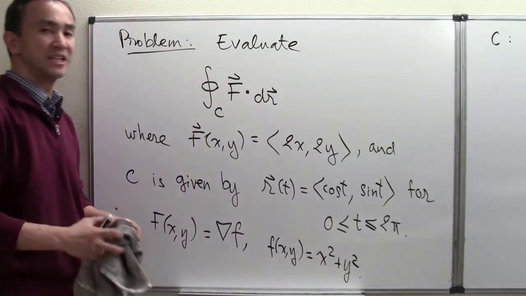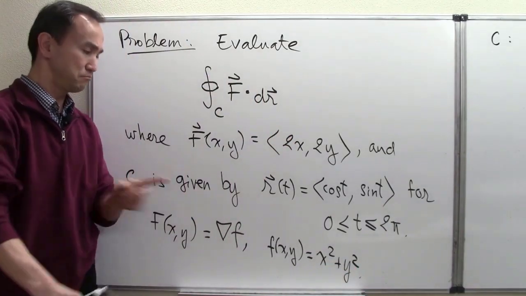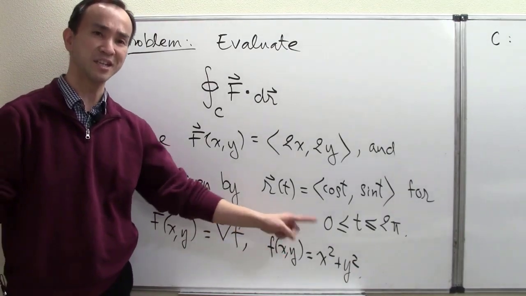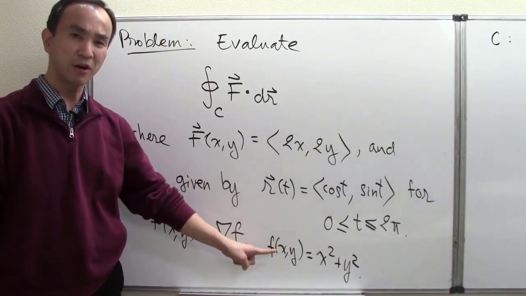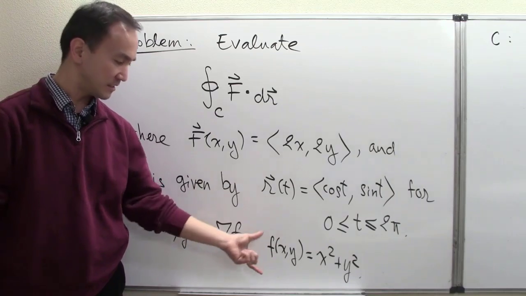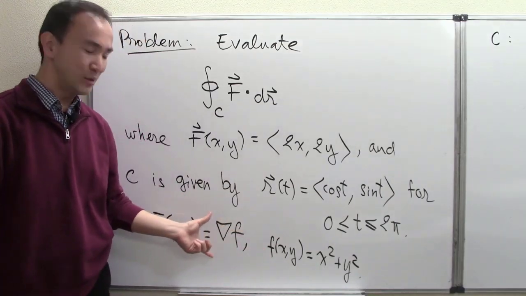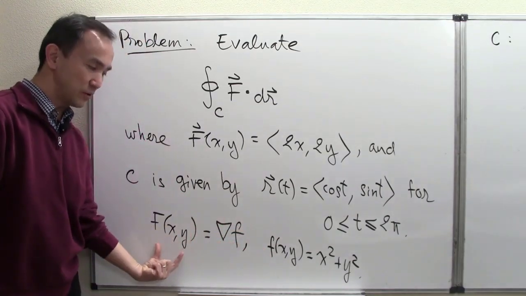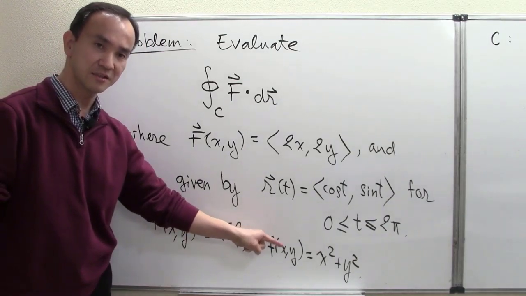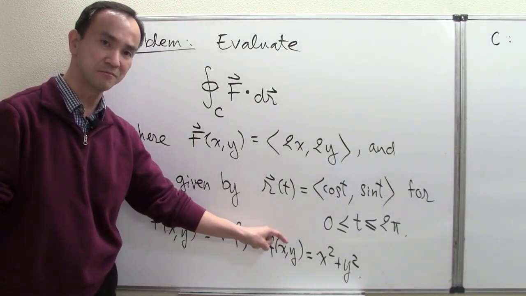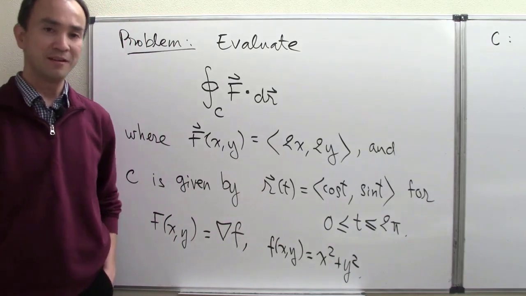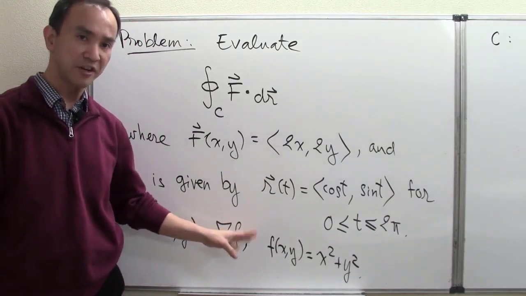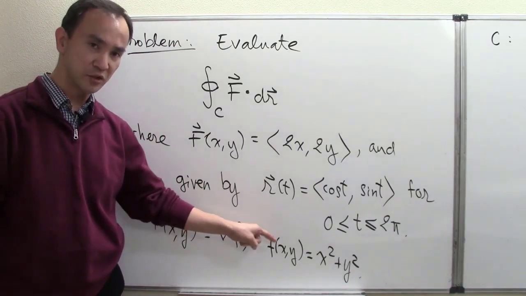I'm just pointing it out and bringing that to your attention. Anyone viewing this video lesson can quickly verify that this is the potential function, and this vector field is the gradient field of that potential function. You have enough mathematical experience to verify this.